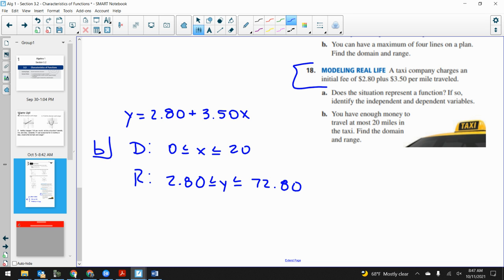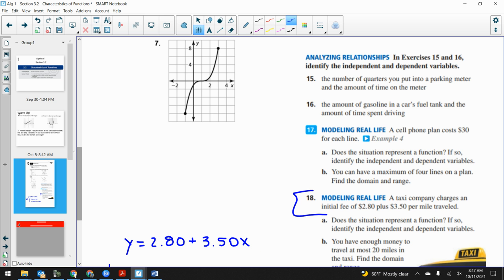What other questions do we have on the homework? Anything on the homework? Yes. Number 17. Same type of deal here. A cell phone plan costs $30 for each line. Part A says identify independent and dependent and talk about whether it's a function or not. So the phone plan depends on how many lines you have, right? So our input is the amount of phone lines.